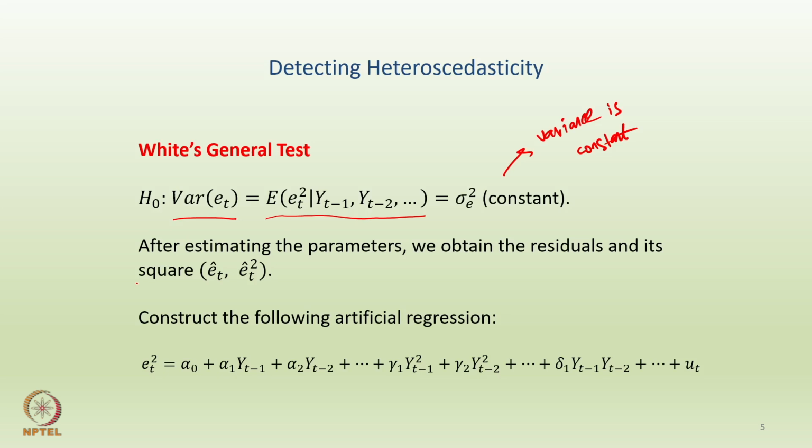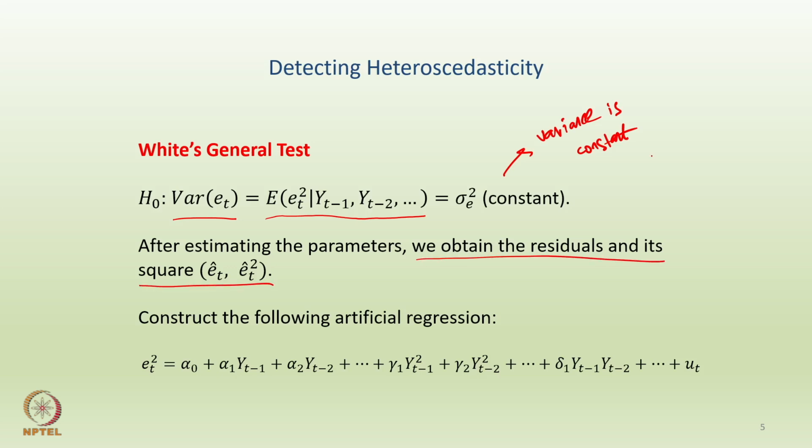Alright. So, let us say after estimating all the parameters, you are working with some ARMA model or AR model, ARIMA model, MA model, whatever, and you come up with all the estimated parameters. You plug in all the estimated parameters in the model, and then you can actually obtain the residual and its square, isn't it.